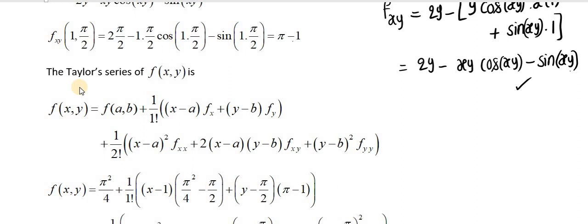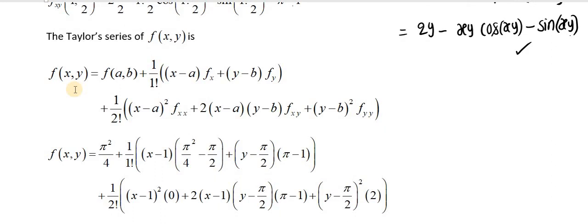Now I am going to substitute all known values. We know the value of f of a comma b, that is pi square by 4, plus 1 by 1 factorial x minus 1, fx value is this one, plus y minus pi by 2, fy value is this one, plus 1 by 2 factorial x minus 1 whole square, fxx value is 0, plus 2 into x minus 1, y minus pi by 2, fxy value is pi minus 1, plus y minus pi by 2 whole square, fyy value is 2.